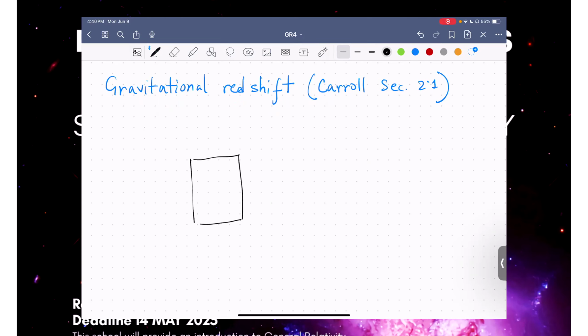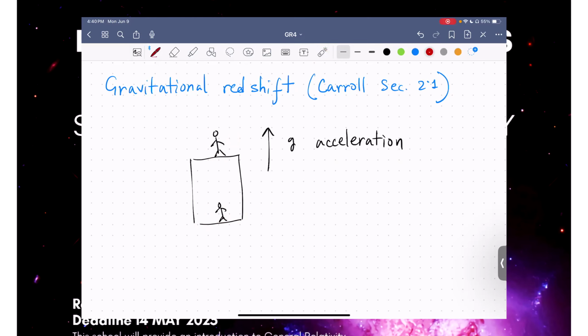So this is going to be our elevator. Let's say it is accelerating with g, constant acceleration. Suppose there are two observers, one at the bottom of the elevator and another at the top of the elevator.